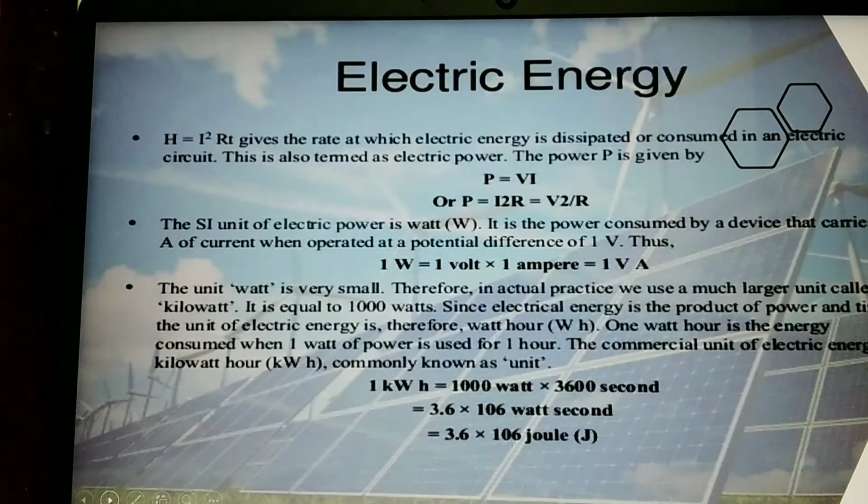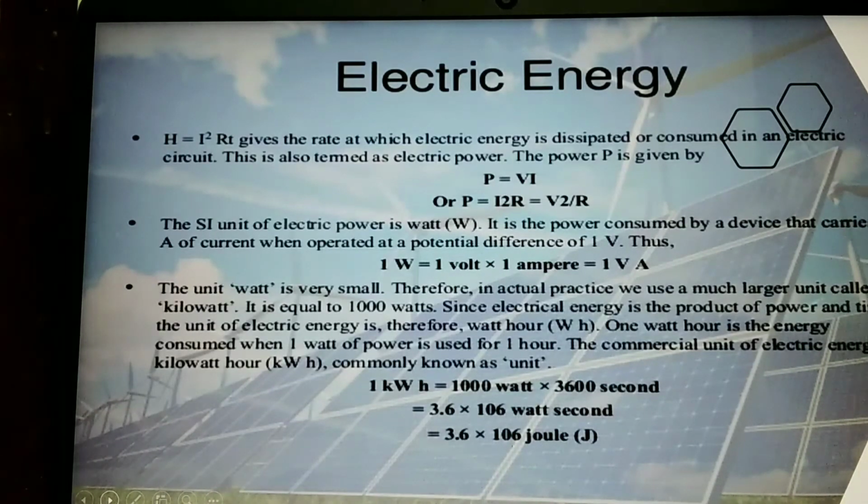What is electrical energy? H = I²RT, according to Joule's first law, gives the rate at which electrical energy is dissipated or consumed in an electric circuit. This is also termed as electric power. The power P is given by P = VI, or P = I²R, or V²/R.